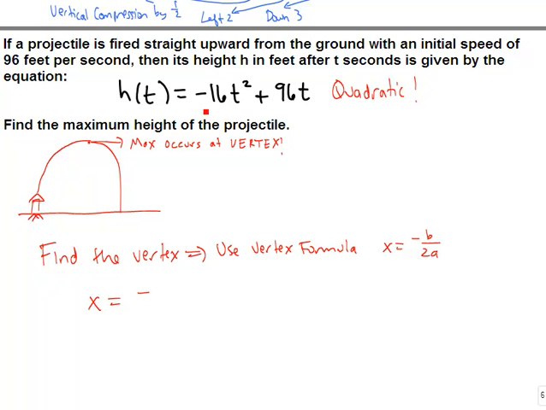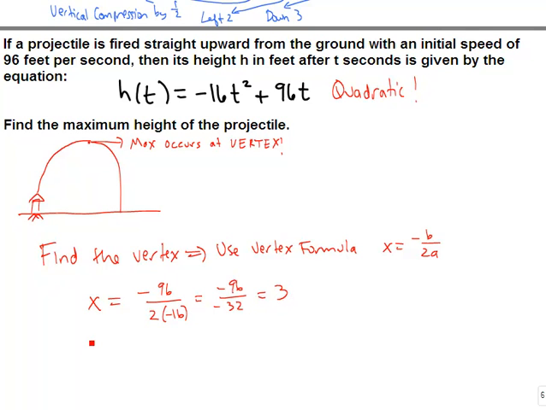Well, your a is your leading coefficient, so that's this negative 16. The b is the coefficient of your t term here. So b is 96, and a, we said, was negative 16. So on the top, we get negative 96. On the bottom, we get negative 32. Our two negatives cancel out, and 96 divided by 32 is 3. So that's the x value of your vertex.